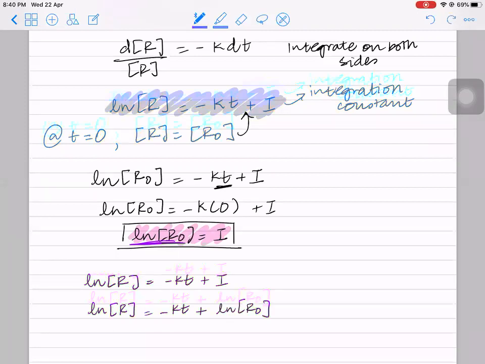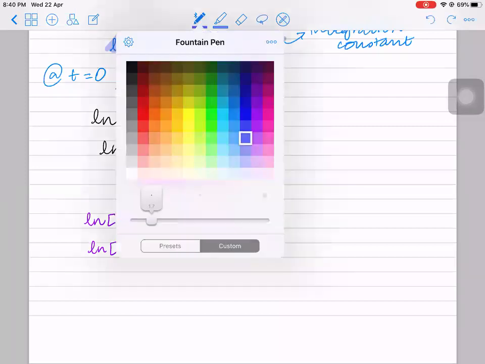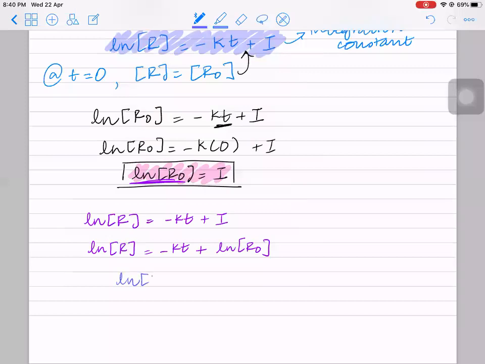But now let me bring all the R and the R naughts together. So I can bring this guy here. When I bring this guy here, it's going to subtract. And obviously with logs, if it's subtracting, that means it's going to divide, right? So it's going to be ln R upon R naught is equal to minus kt. Now I want to make k the subject, right?